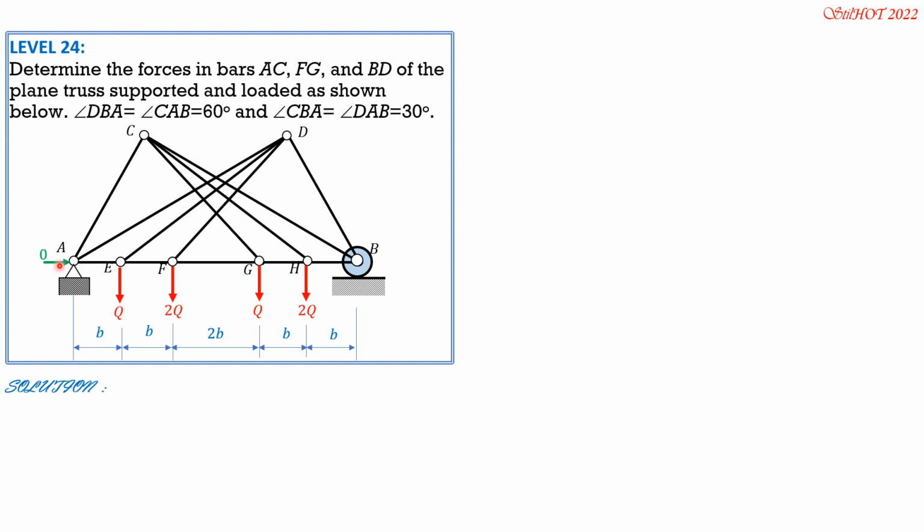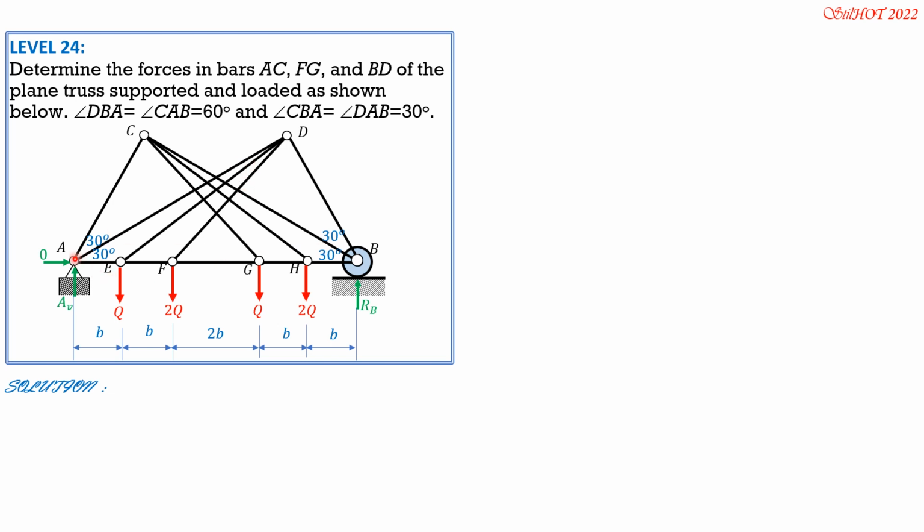So the horizontal component of reaction is 0 because there are no inclined loads. Vertical reactions are AV, and this is R sub B. Then this angle is 30 degrees. The whole angle CAB is 60, so this is also 30 degrees.